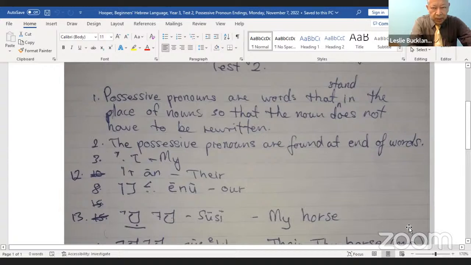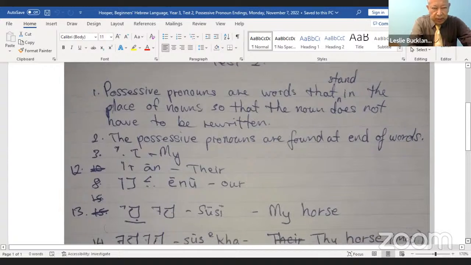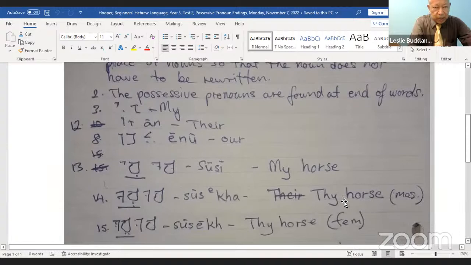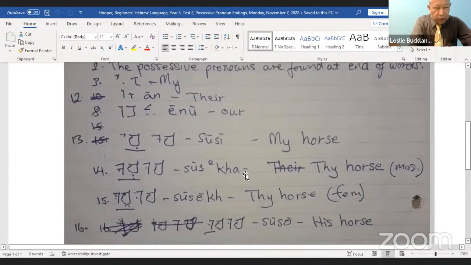our. Then in the right-hand side of the screen, she underlined the possessive pronoun ending, first person singular, and she translated the whole word, my horse. And she did the same with the others. You have the identification of the eka ending, which is the your singular masculine.